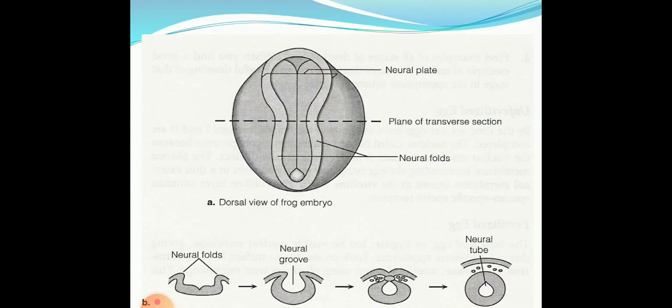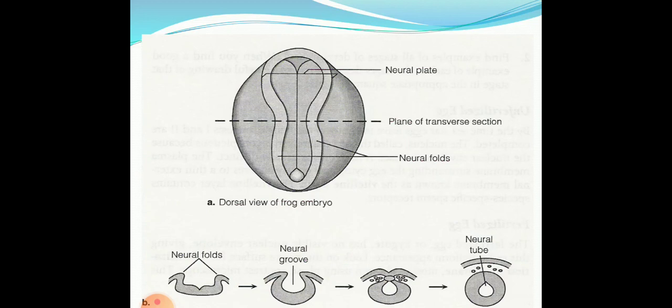So clearly this slide indicates how the development of the neural tube takes place. Neural folds develop from the neural plate. A neural groove is going to form, and from the neural groove there is a canal.